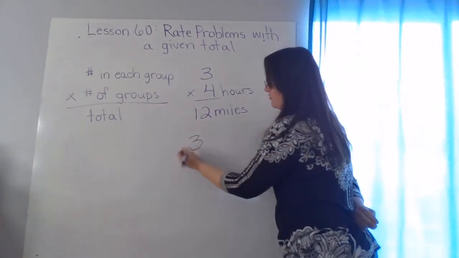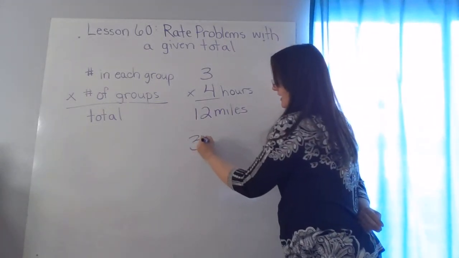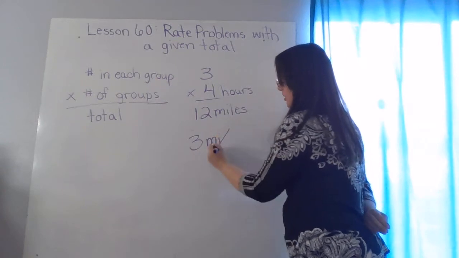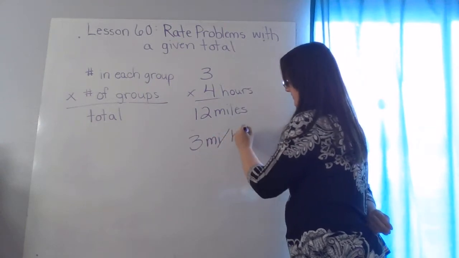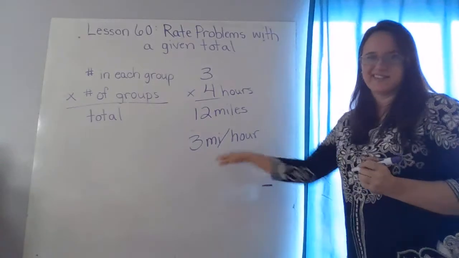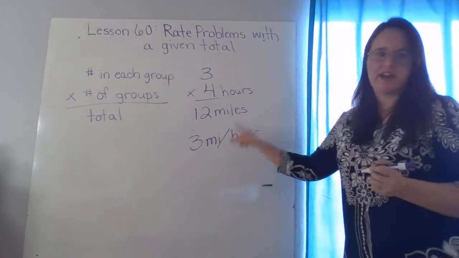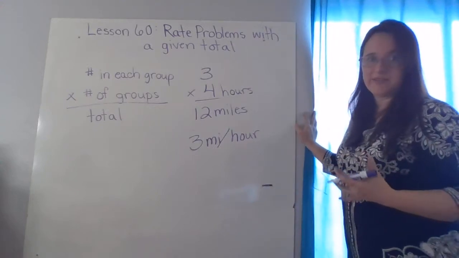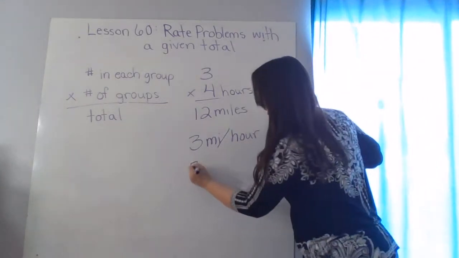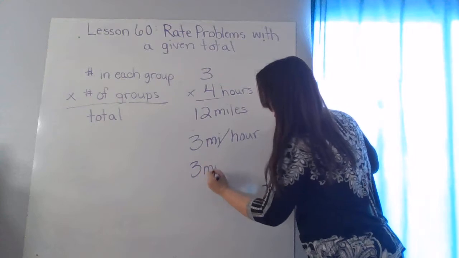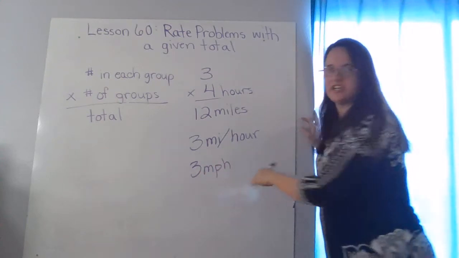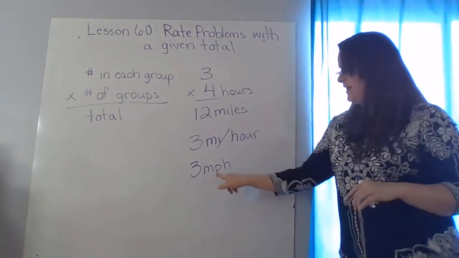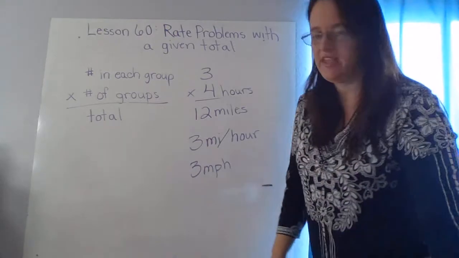You would write 3 miles per hour. This is officially the math way. We do a little fraction bar to show the rate. Or because we use miles per hour so often, another way you'll see it written is 3 mph. And that abbreviation we know means miles per hour.